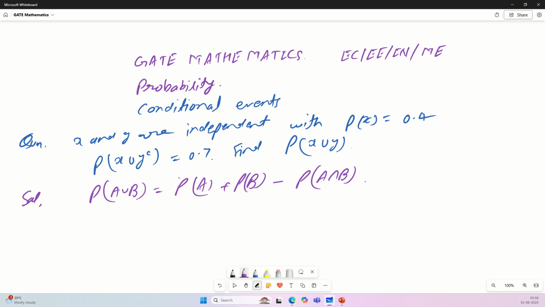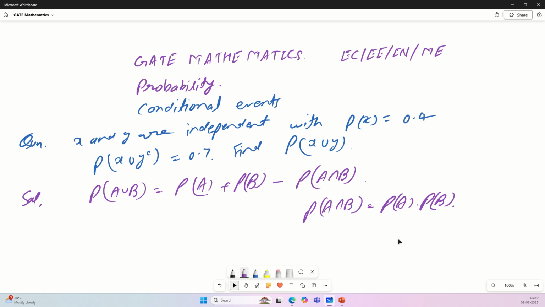And since A and B are independent, you can write probability of A intersection B is equal to probability of A into probability of B. So if I know probability of A and probability of B, then it is very easy to find probability of A intersection B if A and B are independent. Similar to that, we have probability of X. If we find out probability of Y, then it is very easy to find probability of X union Y. So that is our aim, right?